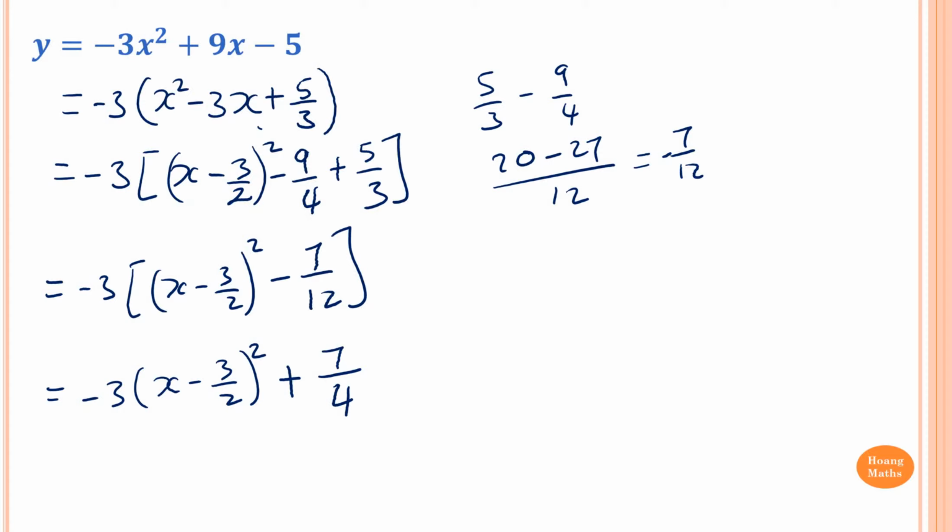So this is what I get. Now the vertex of this is 3 over 2 and 7 over 4. So 3 over 2 is just like 1.5, and the y value is 7 over 4, which is 1 3/4.